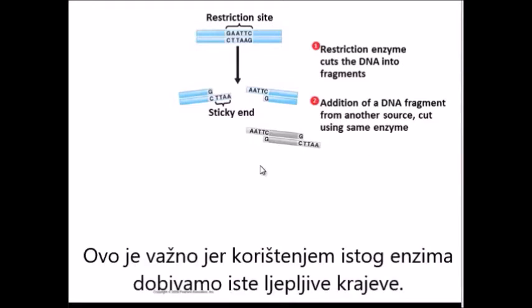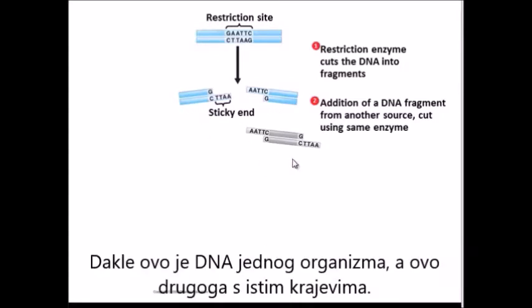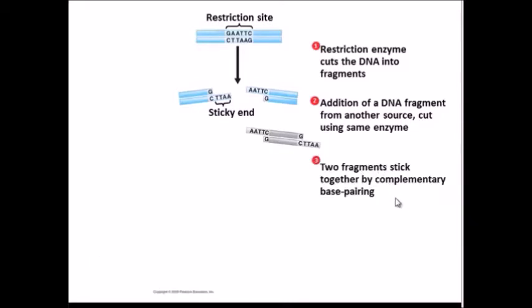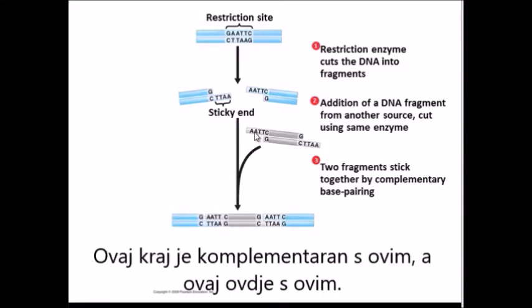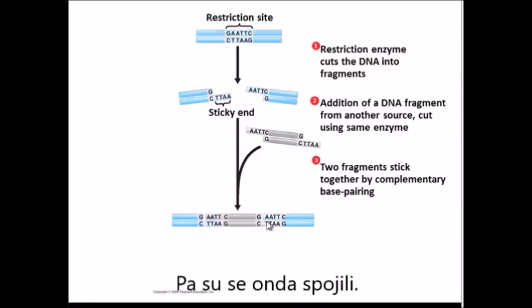And this is important because using the same enzyme means that you get the same sticky ends. So here's DNA from one organism, here's DNA from a different one, but same sticky ends. Now, these fragments are going to stick together because of complementary base pairing. So here we go. This sticky end was complementary to this sticky end, and this sticky end was complementary to this sticky end, so they naturally came together.